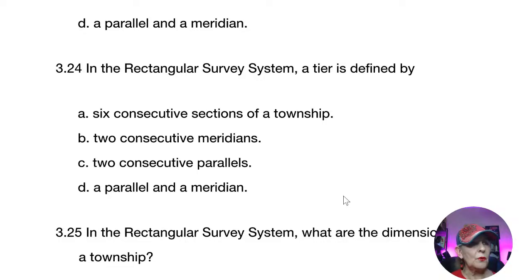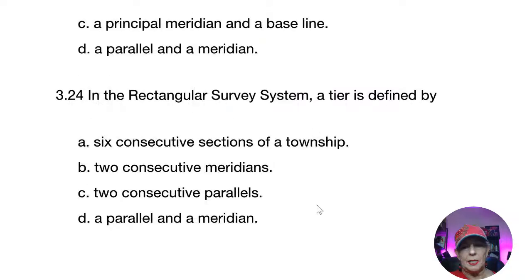So when they say a tier is defined by 2 consecutive meridians, B. Number 25.